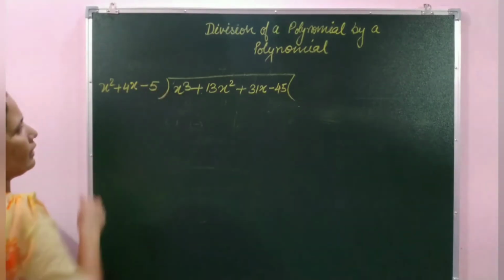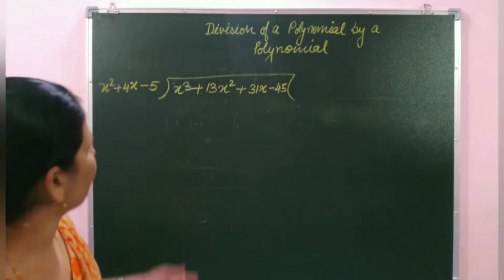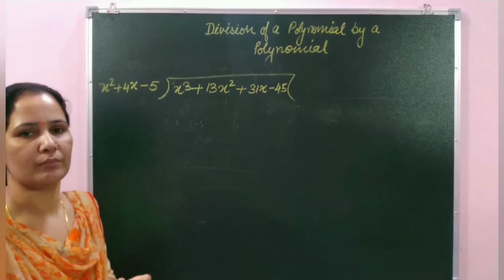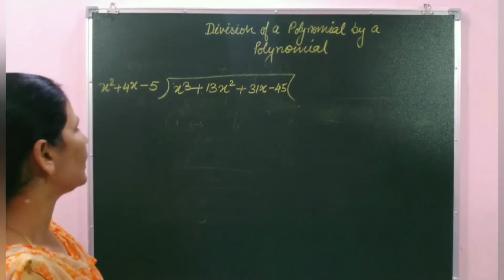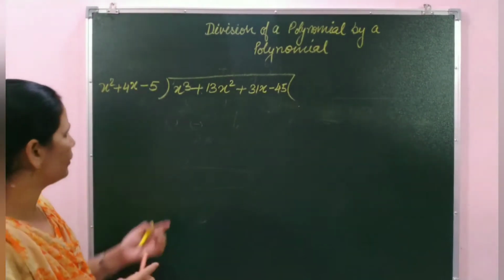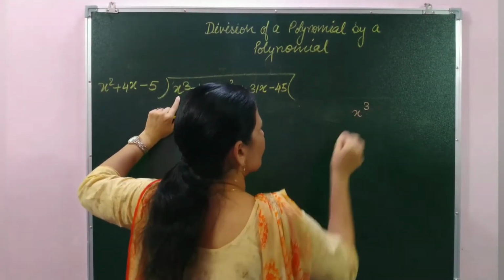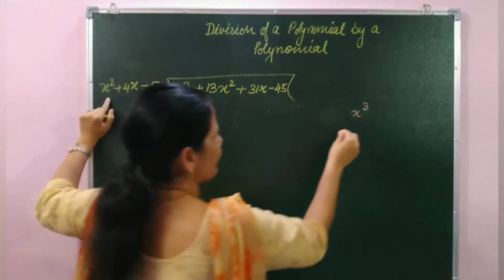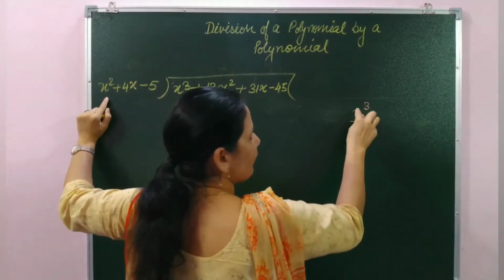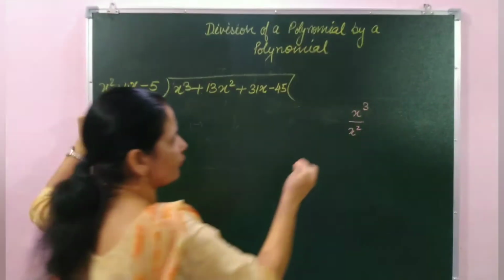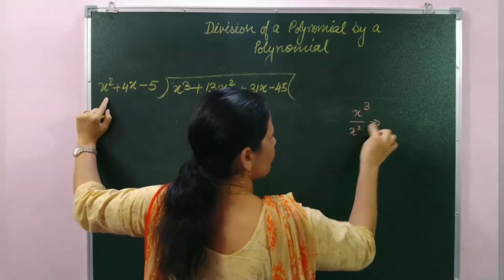Okay student, now this time our divisor carries 3 terms. So no need to worry, it doesn't matter if it is 3 terms or 4 terms. First of all, observe the first term of the dividend is x cube and the first term of the divisor is x square. Divide the first term by the first term. So we get the answer x, as 3 minus 2 is 1.